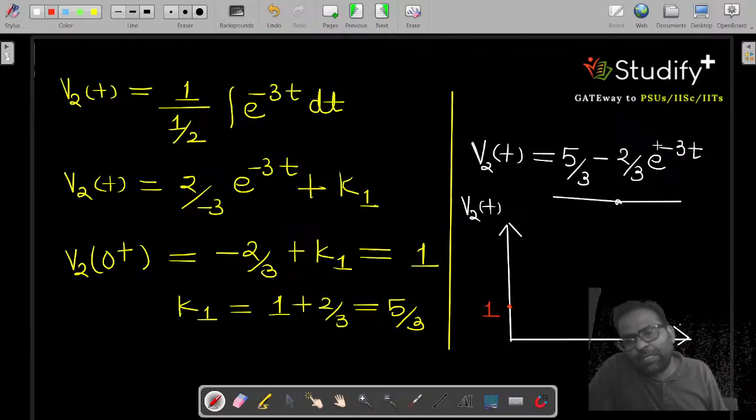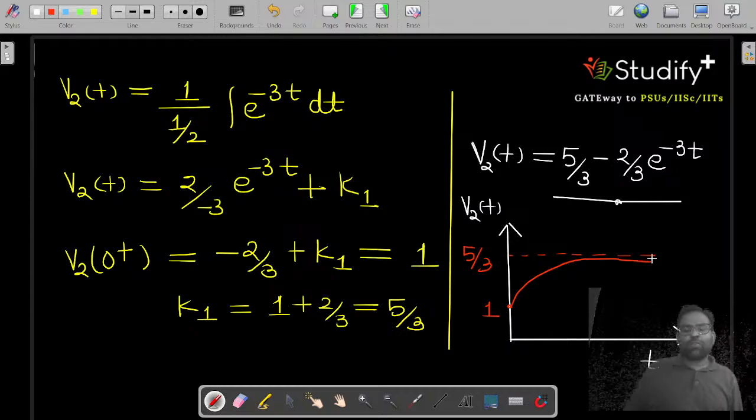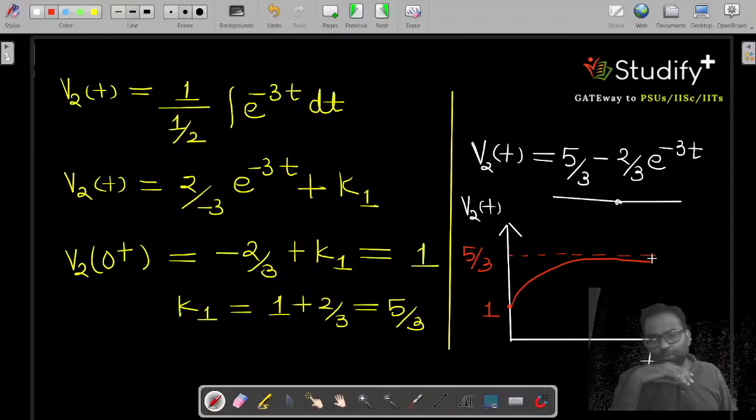And what is the value at t equal to infinity? When you put t equal to infinity, it will go to 5 by 3. So this is the charging waveform of capacitor number 2. It is going from 1 to 5 by 3. Only yesterday I told you, you will have only this kind of charging and discharging equation. Now you know what V2(t) is.